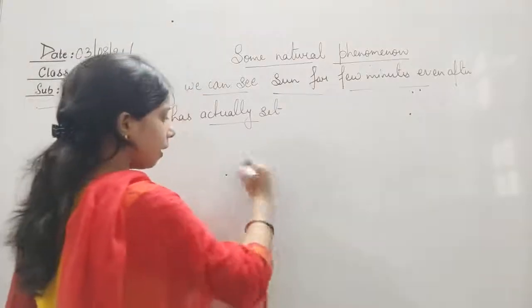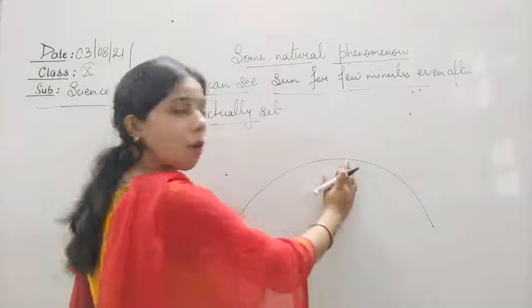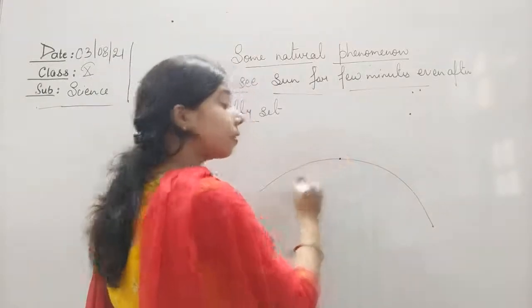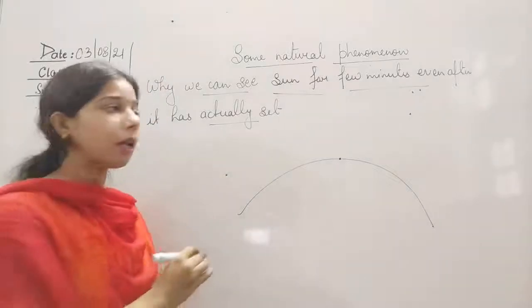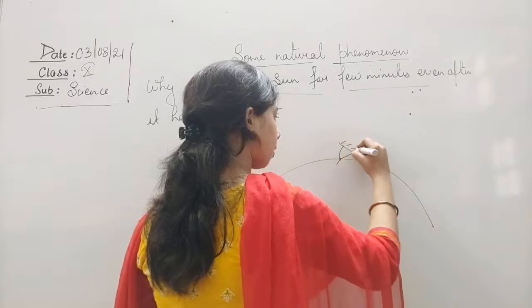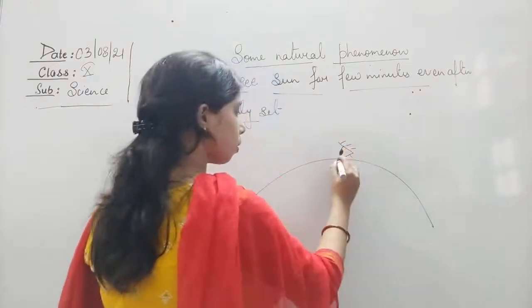You see, if this is the Earth atmosphere, students, and suppose you are at this position, at the surface of the Earth. So this will be the horizon. So suppose an observer is there, and this observer is watching it.